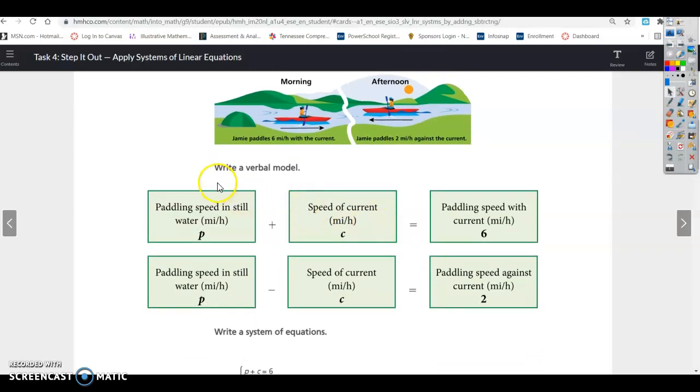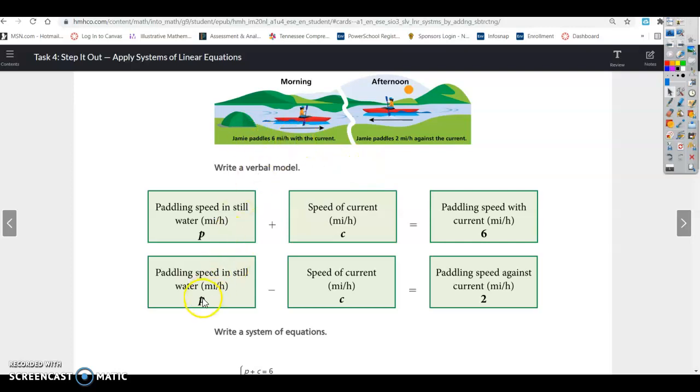All right, so write this out verbally. Paddling speed in still water, we're going to call that P. And then the speed of the current, we're going to call the current C, equals paddling speed with current. Okay? So paddling plus the current equals 6 miles per hour. That's right here in the morning.